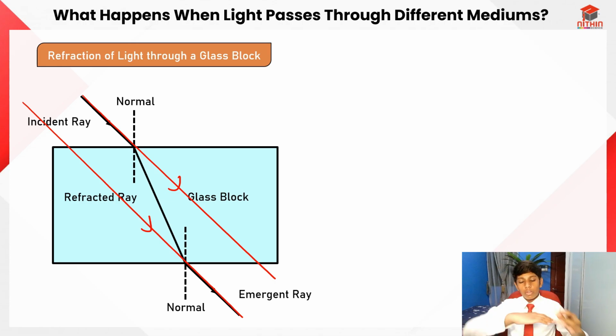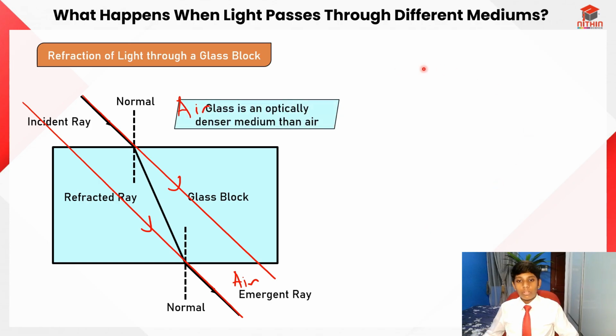It goes back to the exact same angle where it started to come in at, because both of these are air, the same optical density, that's why. Glass is an optically denser medium than air, so this I already told.